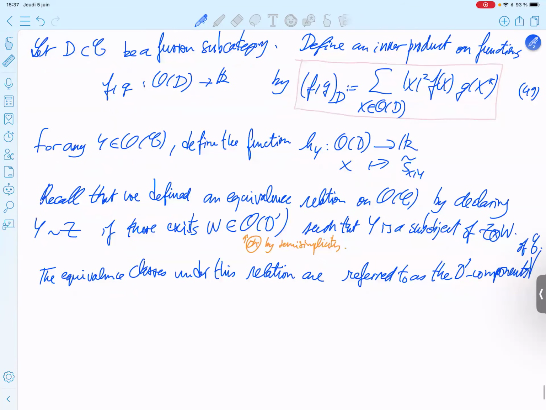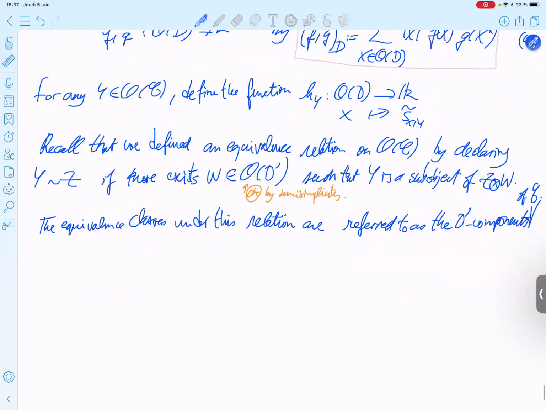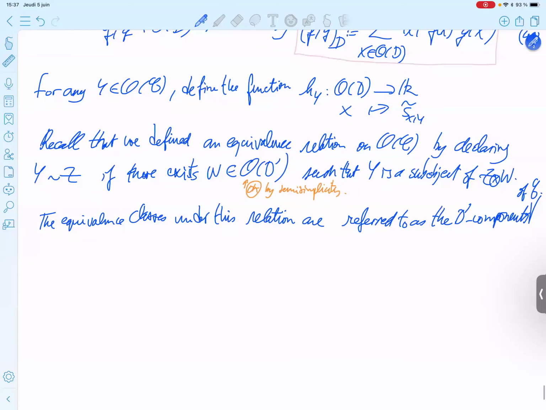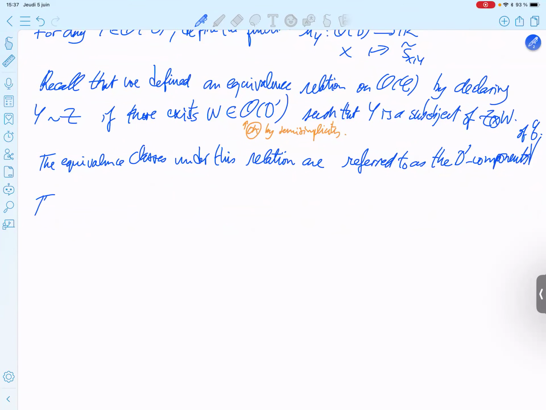Okay. So what is the idea of the proof? The core idea of the proof is the following. We define the function hy here.